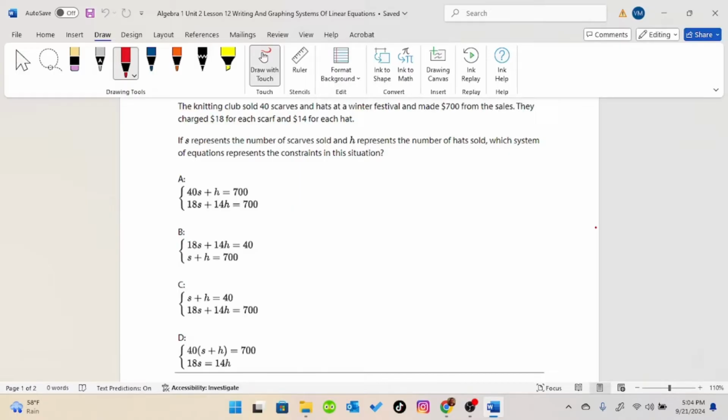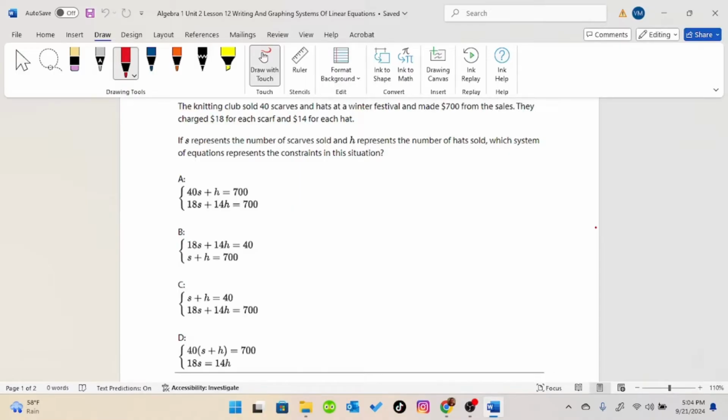If S represents the number of scarves sold and H represents the number of hats sold, which system of equations represents the constraints in this situation? So as we start learning about these systems of equations, I want to show you what they represent with words and with the numbers and variables.